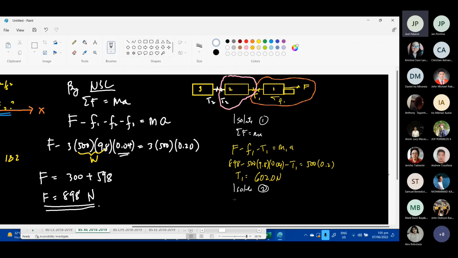So for car 2, what will be our equation? Applying Newton's second law again, summation F equal to MA.